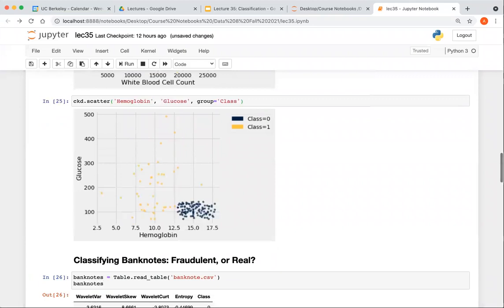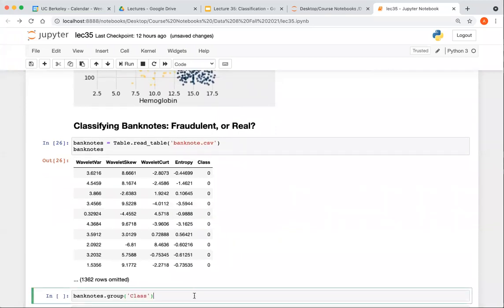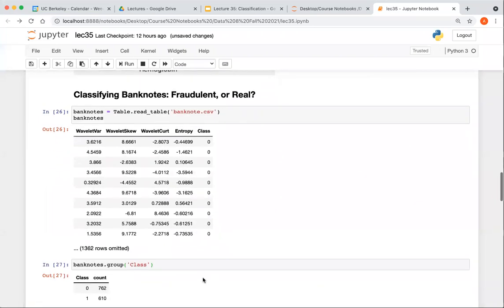Here are the data on the banknotes. 1,372 banknotes were classified. Zero means okay, and 1 means fraudulent.